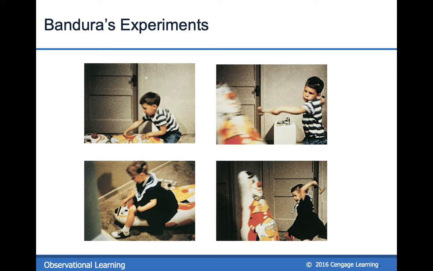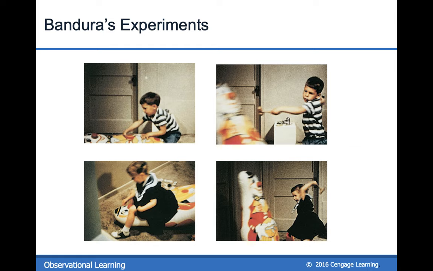And his results, when he showed the kids the adults beating up the Bobo doll on TV, they still mimicked the actions. They even did a fantasy version of it where the adult was dressed up as a big cat, thinking, okay, maybe a cartoonish version won't cause the same results, but it did. So if kids were watching the adult on TV, even dressed up in a silly costume, they were more likely to mimic it.